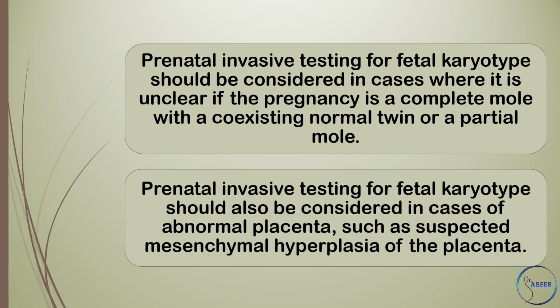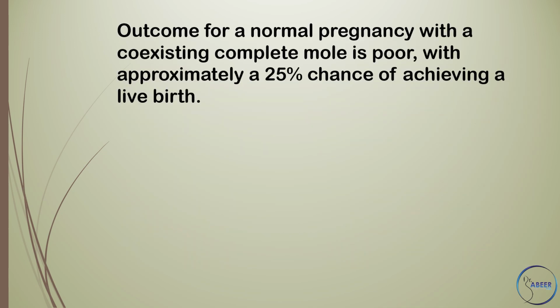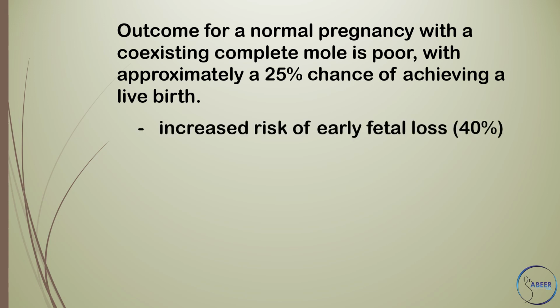Prenatal invasive testing for fetal karyotype should also be considered in cases of abnormal placenta, such as suspected mesenchymal hyperplasia of the placenta. The outcome for a normal pregnancy with a coexisting complete mole is poor, with approximately a 25% chance of achieving a live birth. There is an increased risk of early fetal loss, 40%, and a premature delivery, 36%.